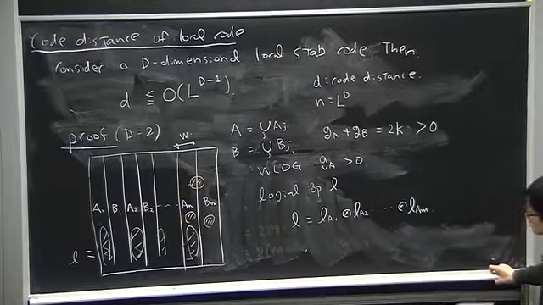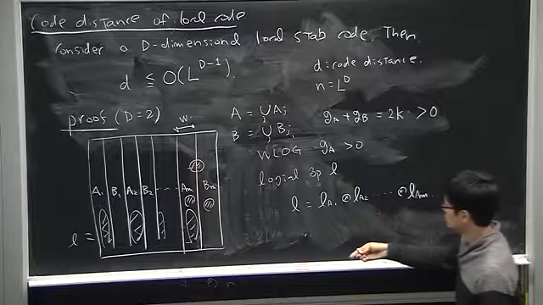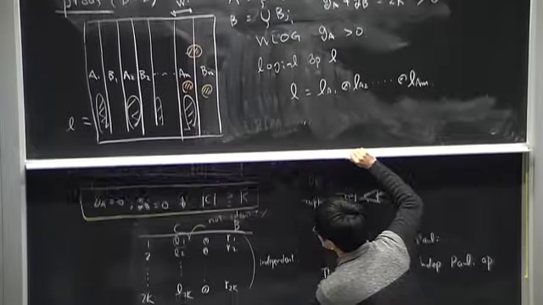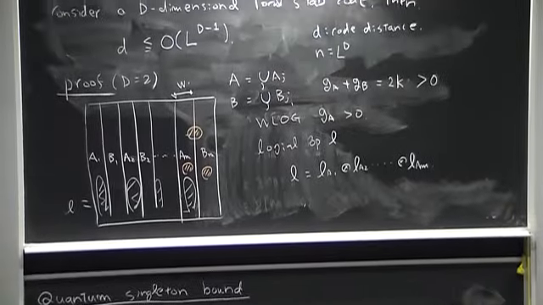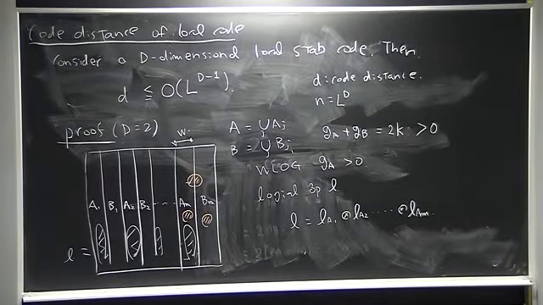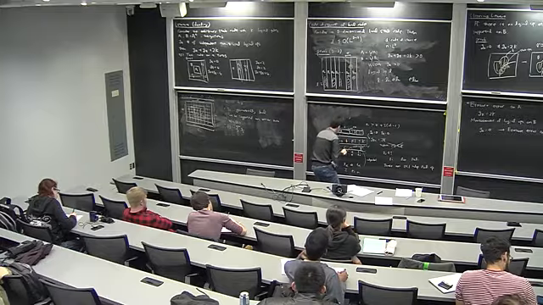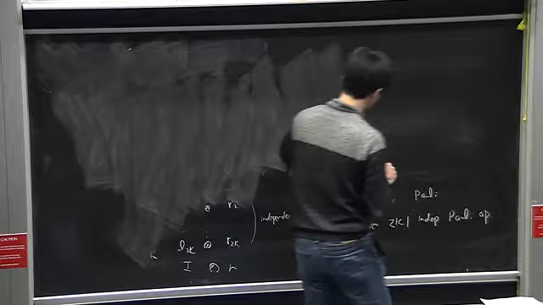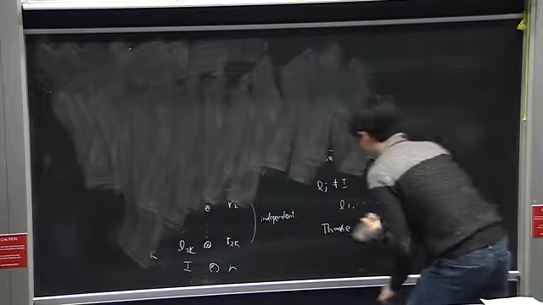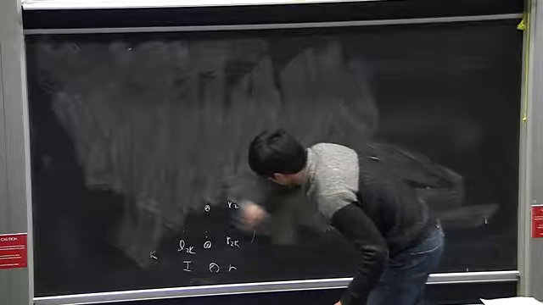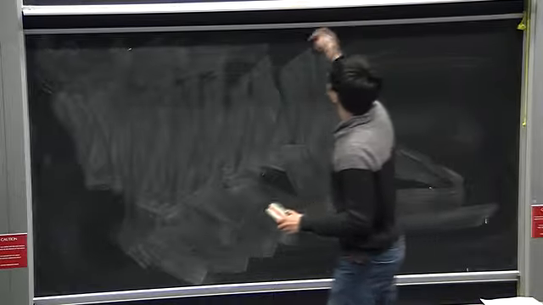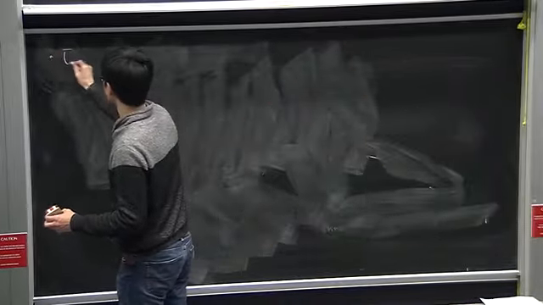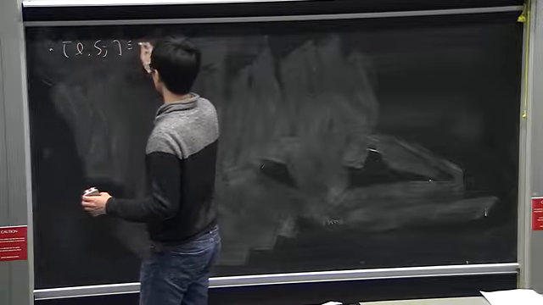But now here the important observation is that if L is a logical operator, which means that L should commute with every stabilizer generator Sj.